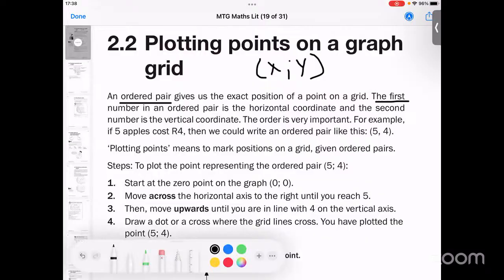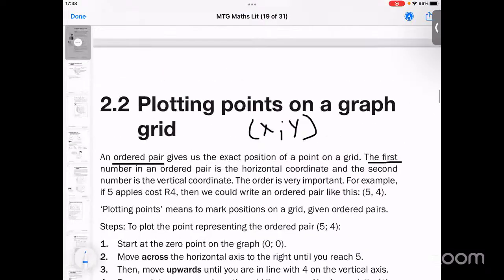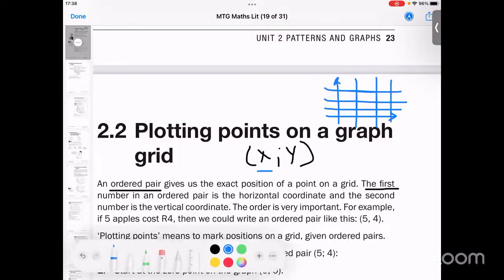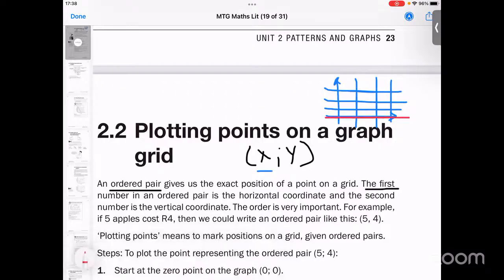Just like I've explained there, we've got the x-axis and the y-axis. It doesn't matter, it could be a grid like that. So this first value refers to whatever value along the x-axis, and this one refers to whatever value you have along the y-axis.